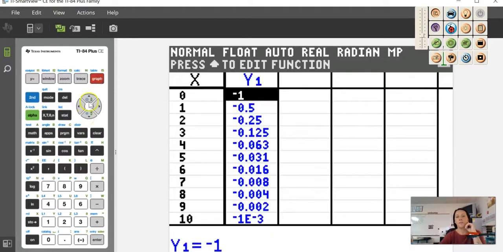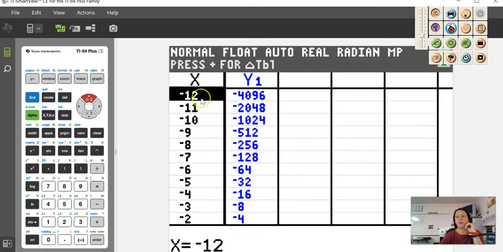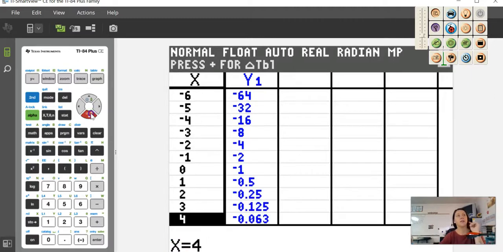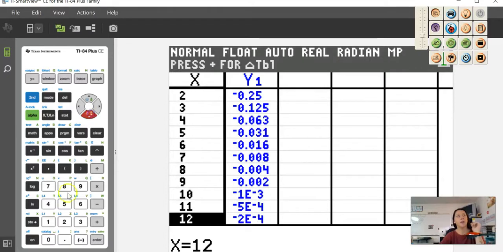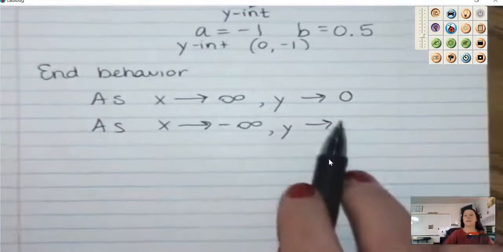Or if you look at the table, if I start at a small number and go up, the y values are increasing, getting close to 0. They never hit 0, but they're never going to go into the positives. So it's going up to 0.